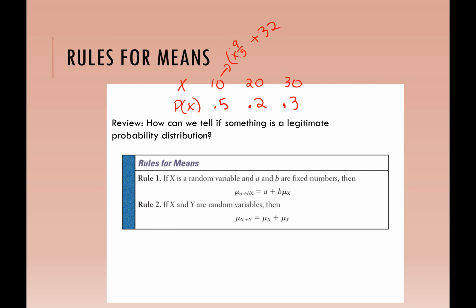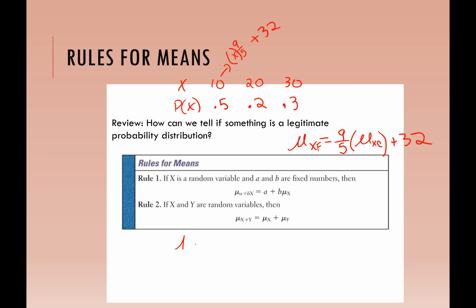So you'd have to take all the random variables, multiply by 9/5, add 32. But if we already had the mean, we could just take the mean in Celsius, multiply by 9/5, and add 32. So we wouldn't have to do it to each random variable value. We could do it just to the mean.